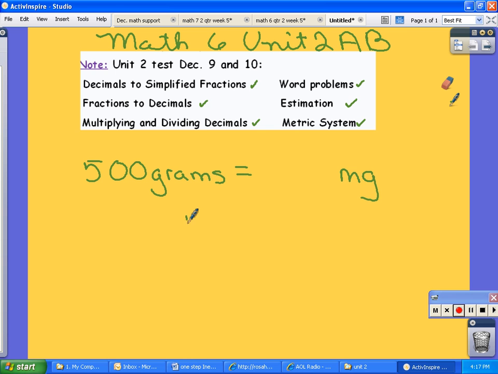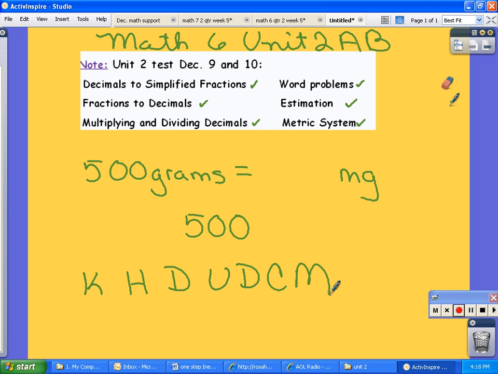That 500 is grams, and we would need to move the decimal point over 3 places to the right. The little metric chart I told them to remember was King Henry doesn't usually drink chocolate milk. So here is the basic unit, and so this is going to be grams.